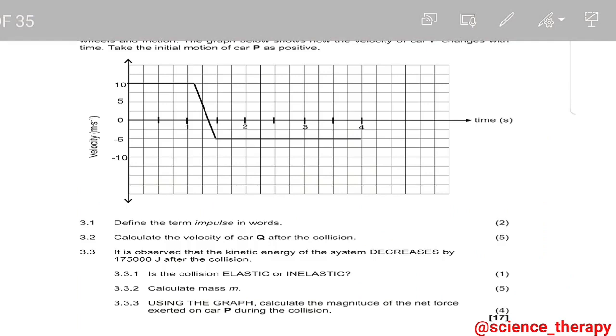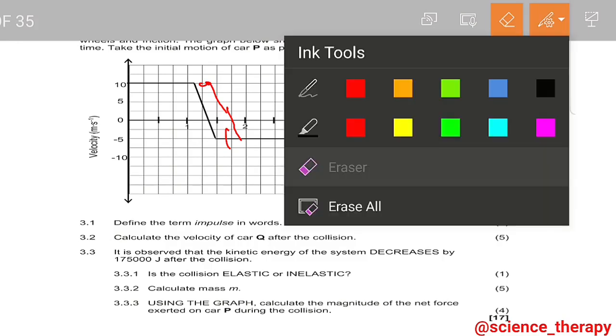Now 3.3.3 says, using the graph, calculate the magnitude of the net force exerted on car P during the collision. So now the correct graph was supposed to touch here, and then also goes all the way to, so let me draw it.